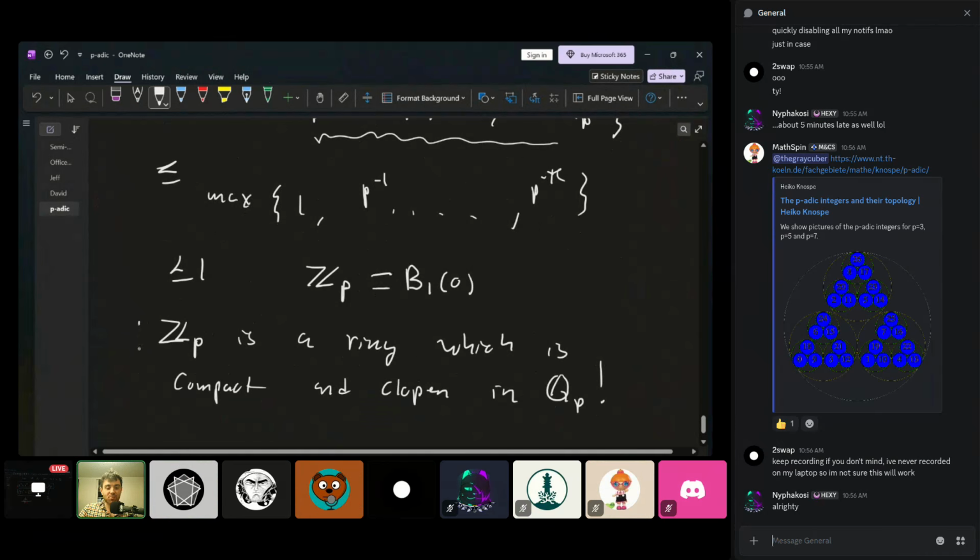To me, this is crazy. How do you have a ring that's the unit ball of radius 1, but it's the closed ball, but it's also the open ball, but it's also a ring, but it's also compact? It's kind of mind bending when you first come across it, but it's also kind of beautiful.